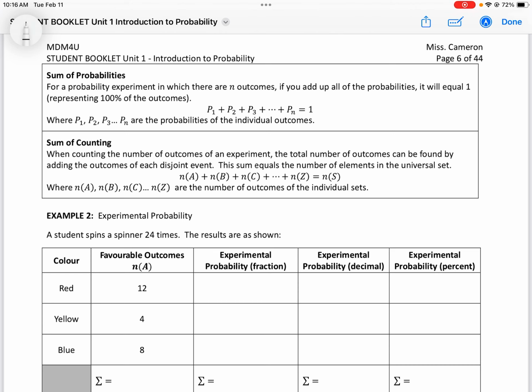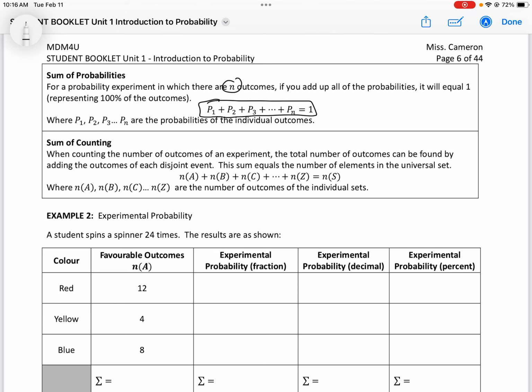Some of the probabilities. Two main focuses of the first couple units are going to be counting and probability. A lot of times these equations will extrapolate and be the same for counting or probability. So for the sum of probabilities, for a probability experiment in which there are n outcomes, if you add up all the probabilities, they'll equal 1.